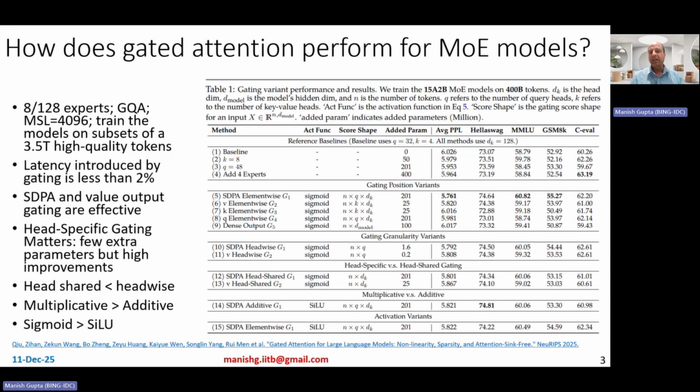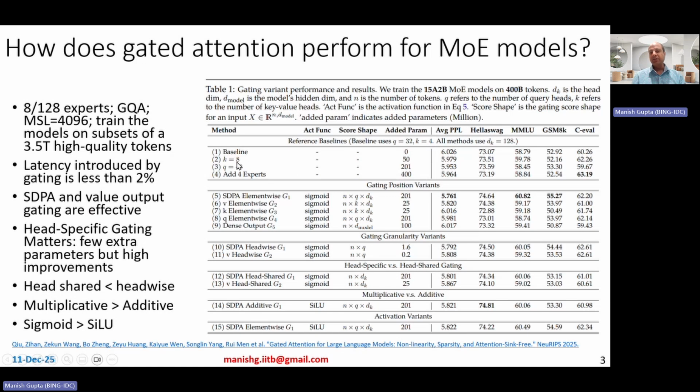So there are 4 different key heads. The group is defined as k equal to 4. Right here it's written: the baseline uses q equal to 32 and k equal to 4. And all methods use a key dimension of 128.